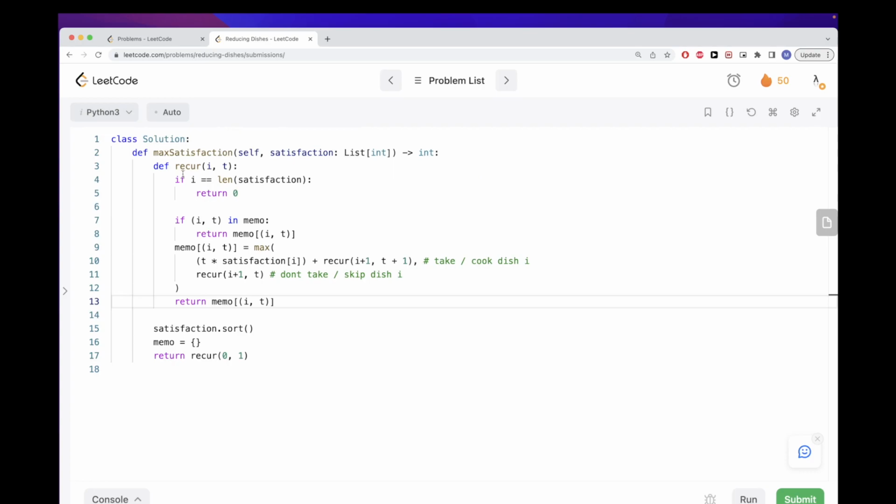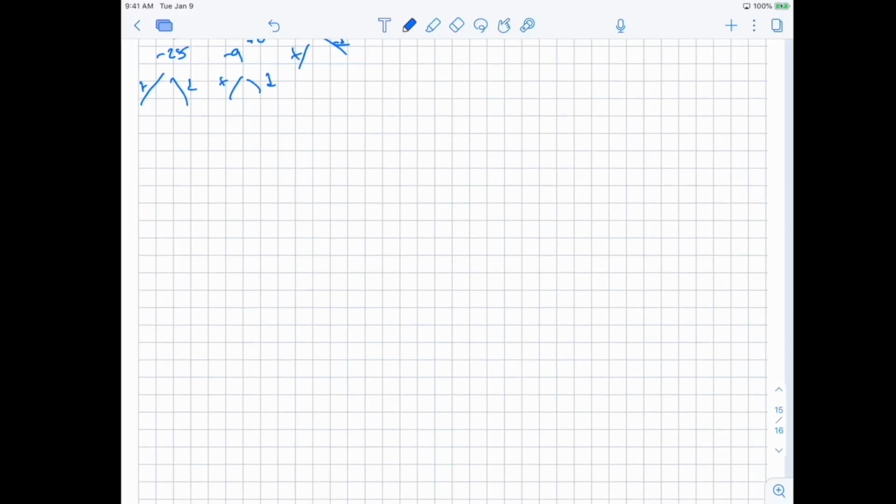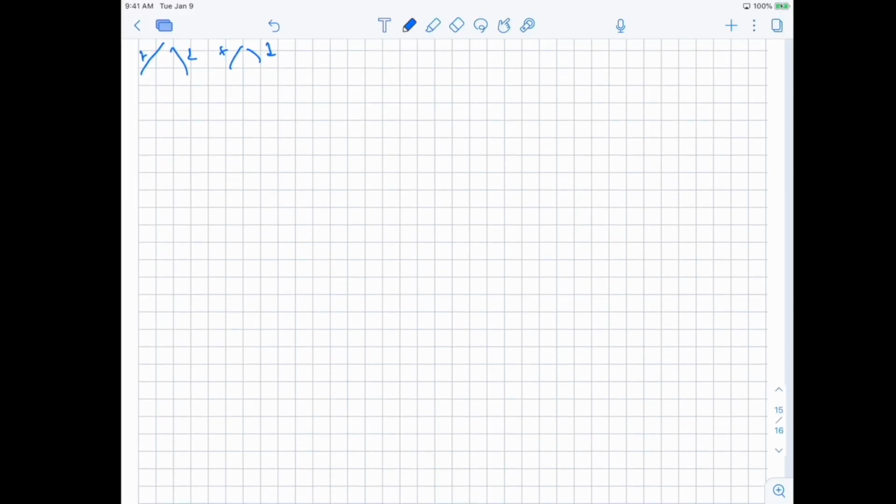Okay, so that's the first naive solution. Now, can we solve it in a better way? For this next approach, let's make one more observation. We want to maximize the overall time coefficient.